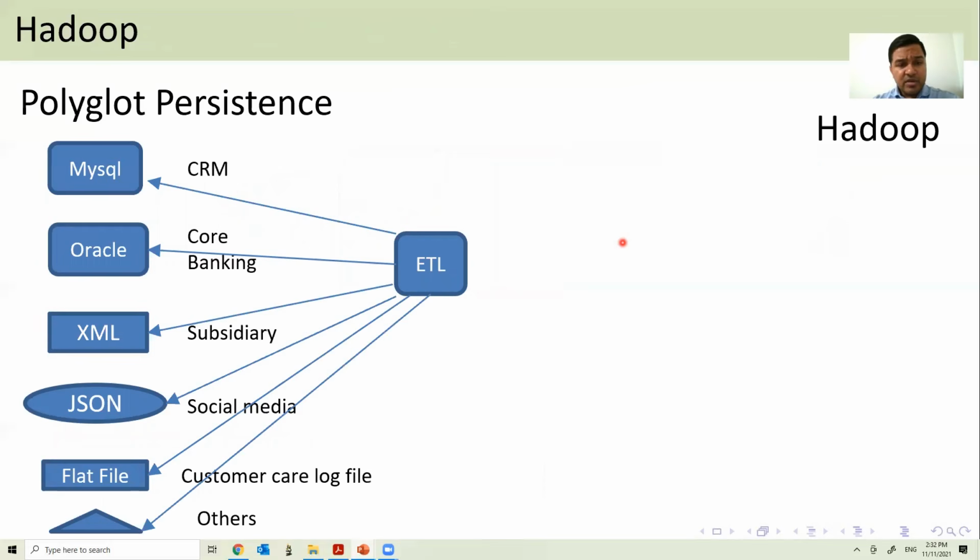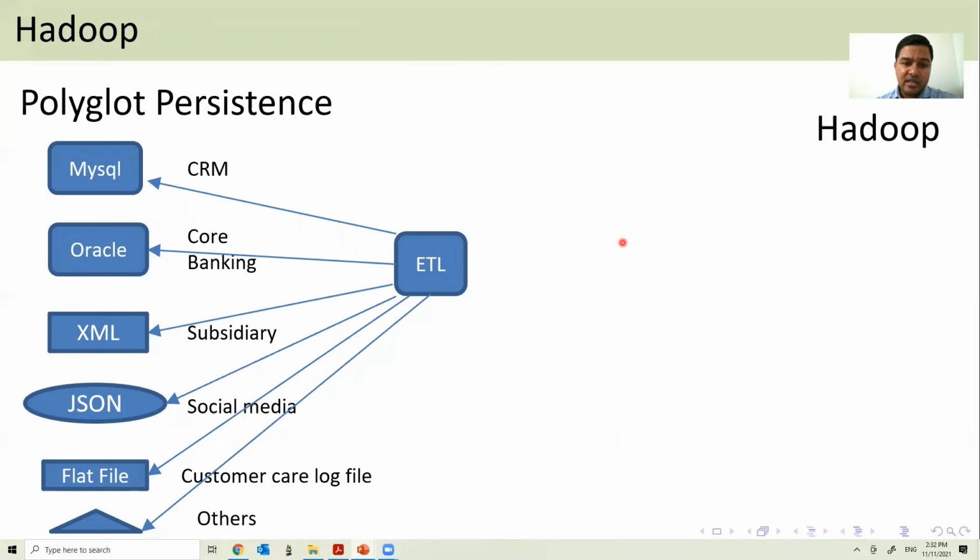So going back to our previous thing, right? Polyglot persistence means different varieties of data existing at the same time, and those are persistent data. They are not going away. They are going to be there. Among them, we have CRM data, customer relationship management data, in table format in MySQL.